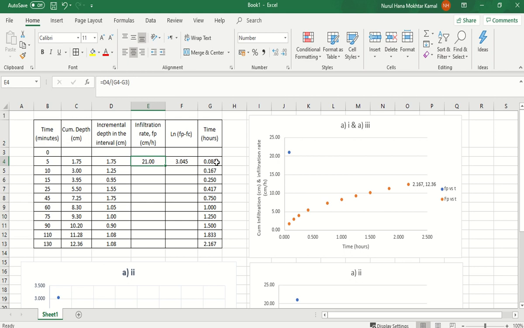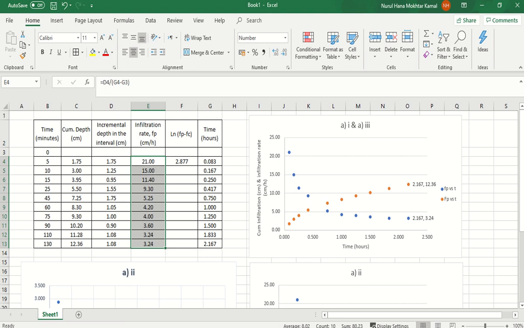That way you get the interval between these times. As you can see here, the difference is 5 minutes, here is 5 minutes, here is 10 minutes, this is 20 minutes, so it's going to be different for every row. When you plug in the formula here, just drag it down, and you will get your infiltration rate in centimeter per hour.